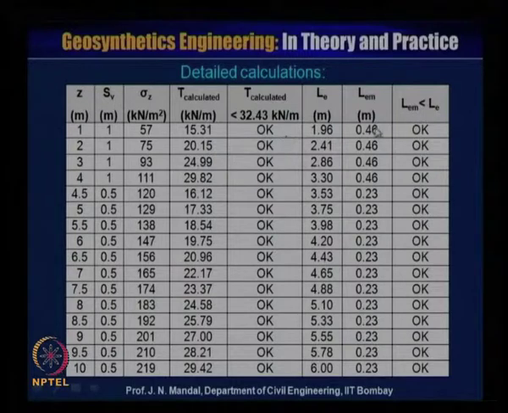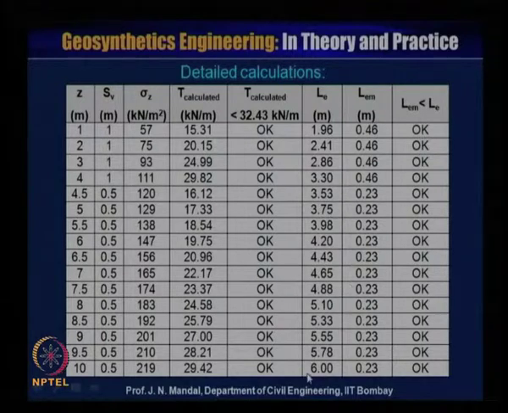Now the other part is that this is LE, this is LEM, and LEM always should be less than LE. So you can see that this is the LE, embedment length, starting from 1.96 meter and then gradually increasing, it goes to about 6 meter.